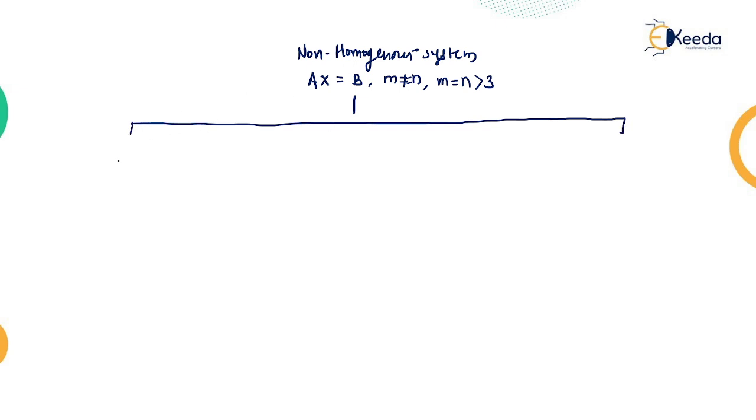So it has two types. Consistent if, I am writing here, consistent if there is a condition. What is the condition?